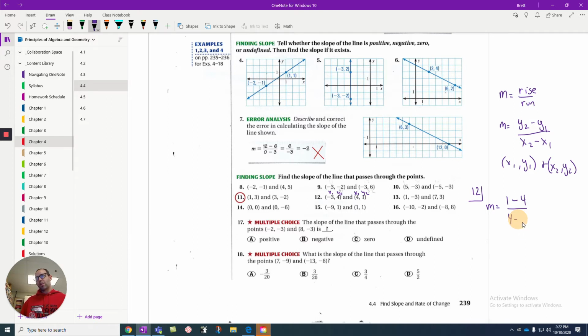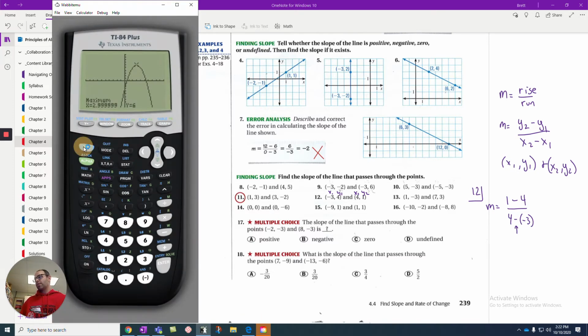Now this gets people into trouble all the time. Just use parentheses around the negative 3. Don't assume that this negative in the middle is the negative from the 3. It's not. If I was doing this by hand, I would take this double negative and turn it into a positive. But I know some of you struggle with that kind of arithmetic and make some mistakes.